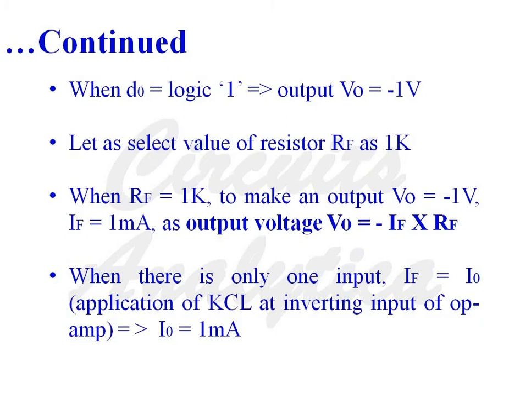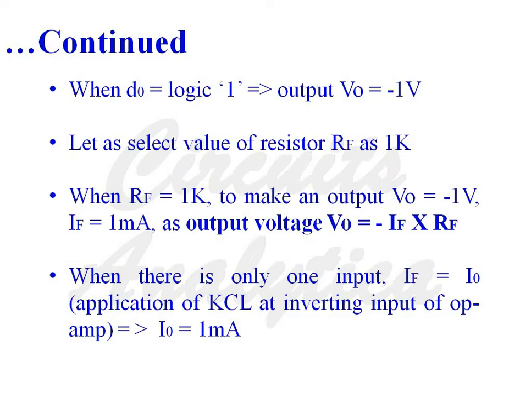So let us assume that the feedback resistance RF is equal to 1K. When RF is equal to 1K, the current flow through the feedback resistance is equal to 1 milliampere, so that the voltage drop across the feedback resistance RF is equal to minus 1 volt, as output voltage V0 is equal to minus IF into RF.